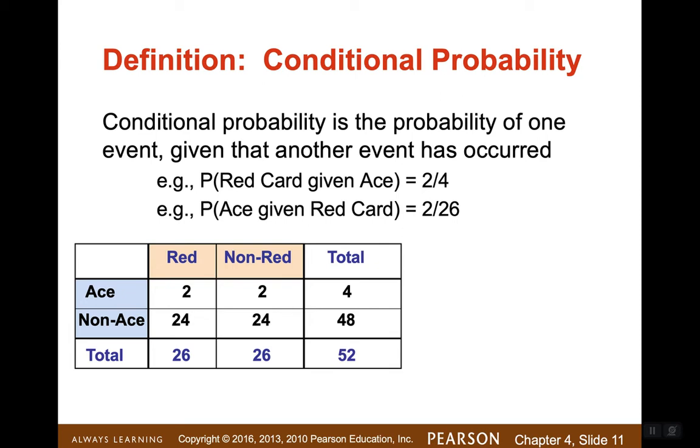So what would be the probability of a red card given that we've already drawn an ace? Which is 2 out of 4.